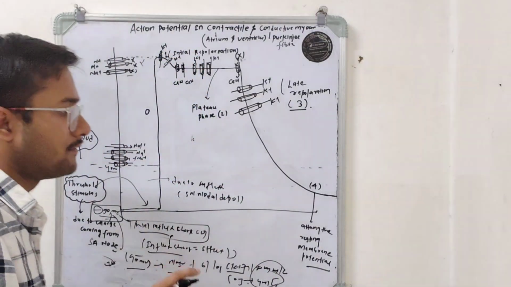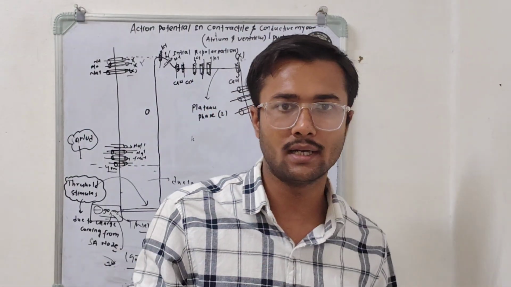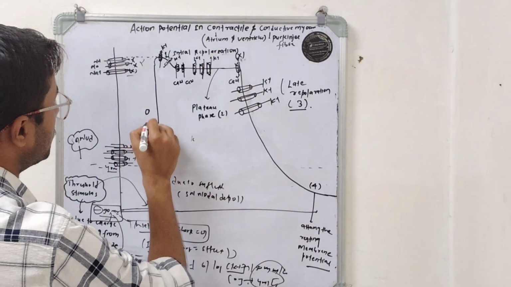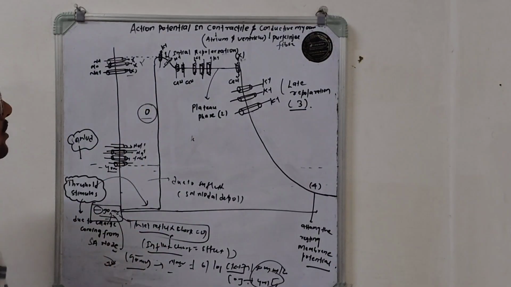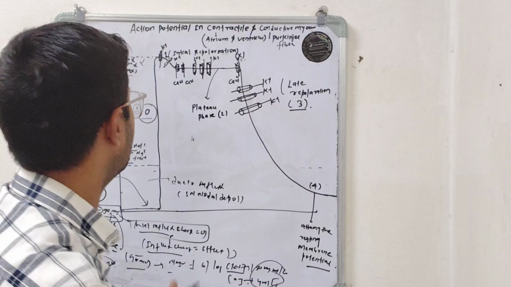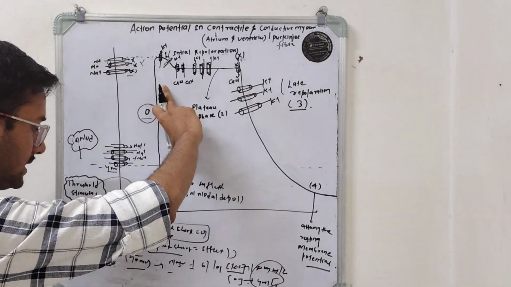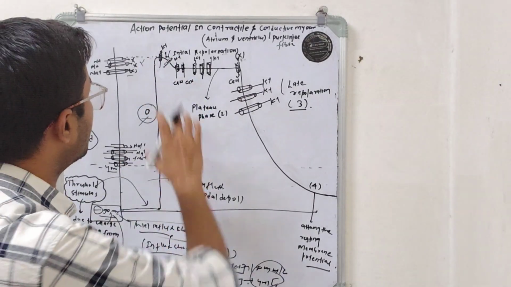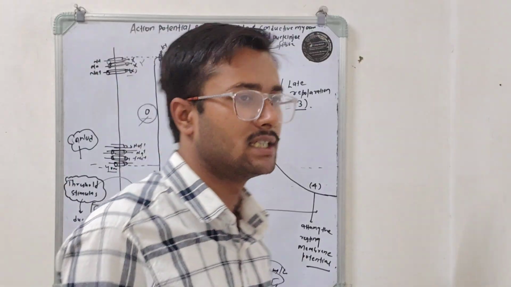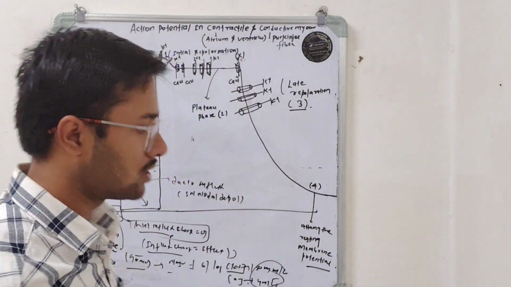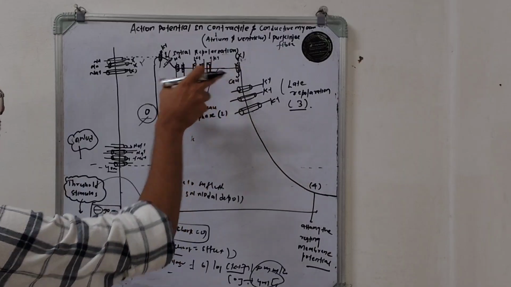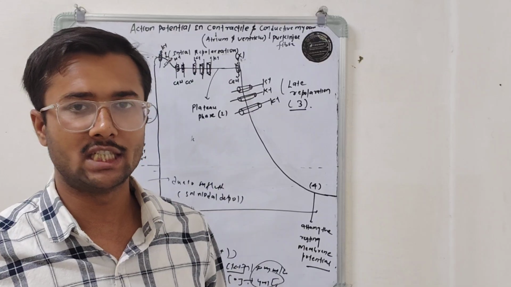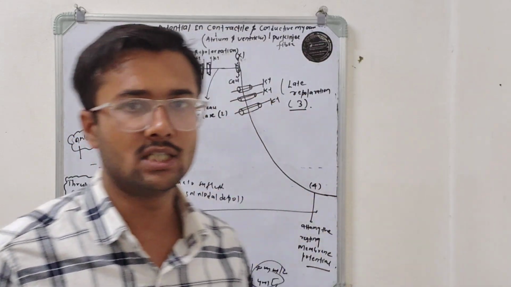This initial rapid depolarization is called phase 0. After this phase 0, the next phase is the initial repolarization phase, which is due to the movement of potassium ions.